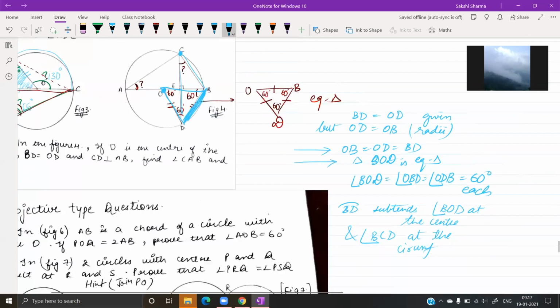So angle BOD equals twice angle BCD. The value of BOD we just found is 60 degrees, so 60 degrees equals twice angle BCD. From here, angle BCD comes out to be 60 by 2, which is 30 degrees.